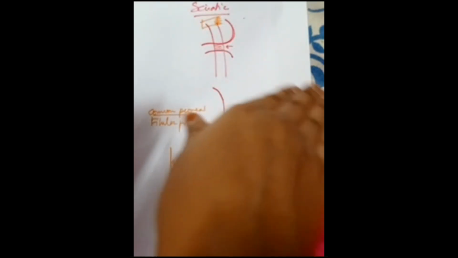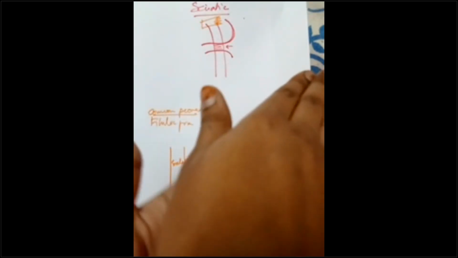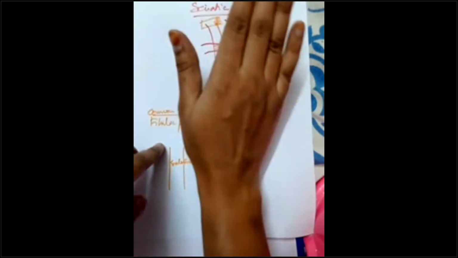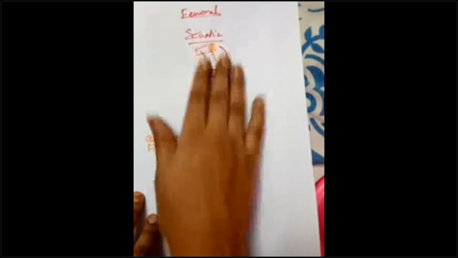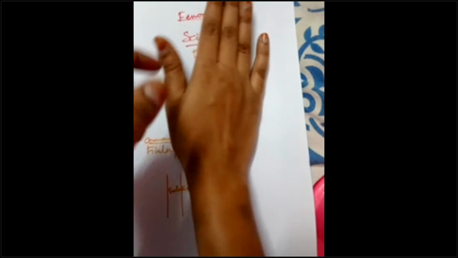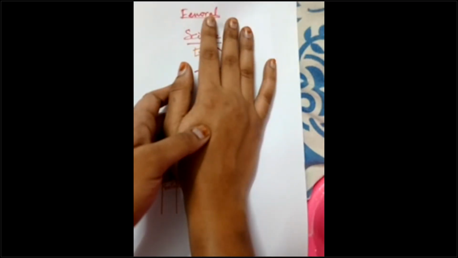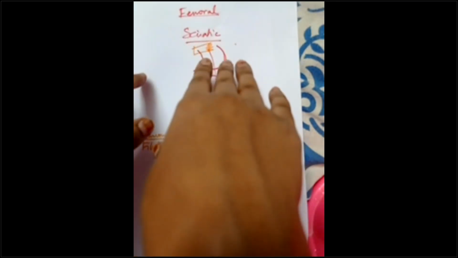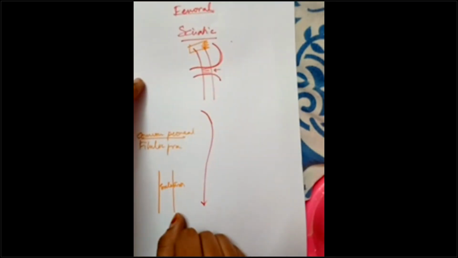If my position is like this, what do you call it? This is plantar flexion, not dorsiflexion. Foot drop happens in common peroneal nerve injury, and the person cannot walk on the heel. He will have a high-stepping gait, walking on the tip of the toe and not on the heel, because the extensors are not working.